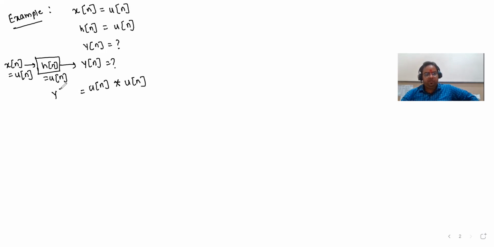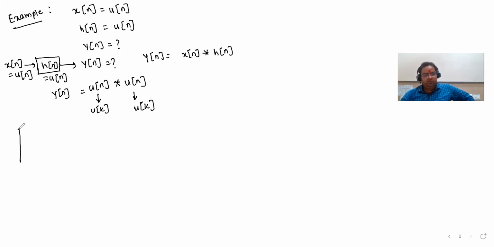This is our y of n, since y of n is nothing but the convolution between x of n and h of n. So the first thing that we do is change this n to k, so we make both of them u of k.